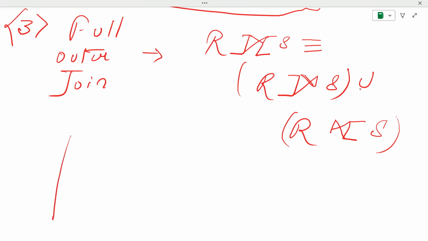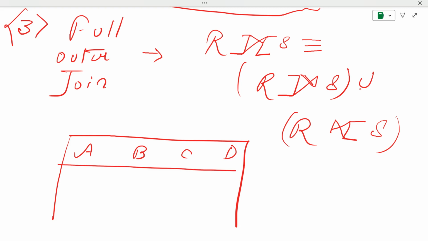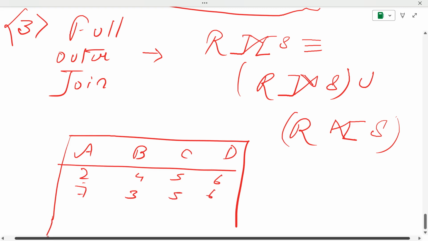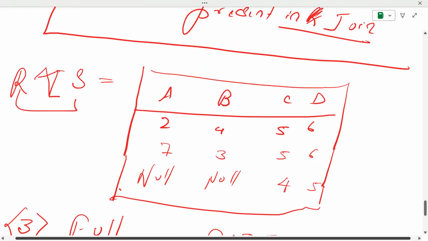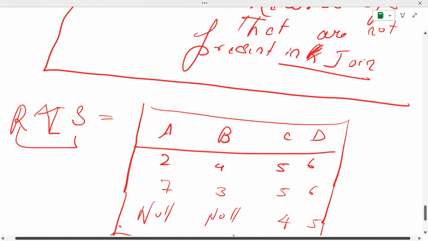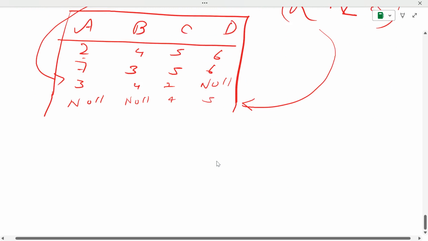So this will include the common attributes A, B, C, and D, and it will include first 2456, 7356, and then it will include records from outer join, this part. So here it will include 347 null, and from this part null null, 4 and 5. We already have calculated this above. So this is about the full outer join.